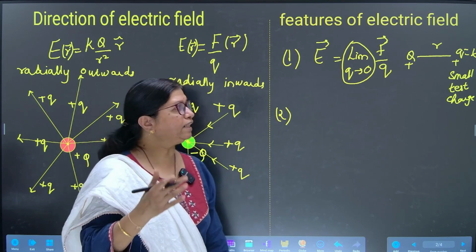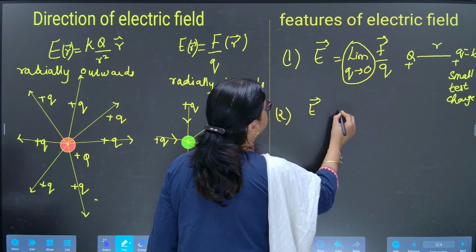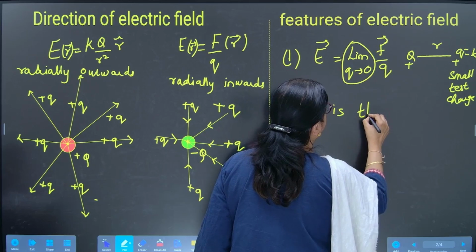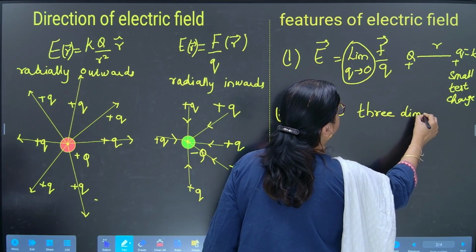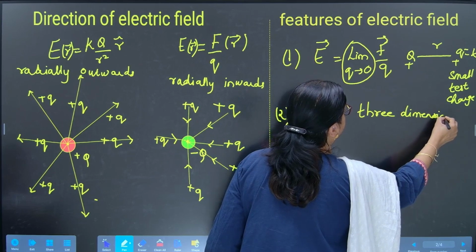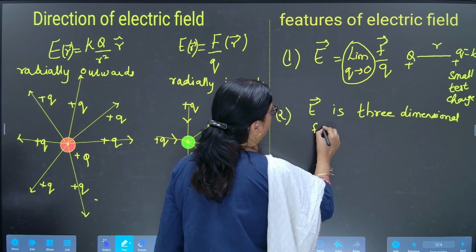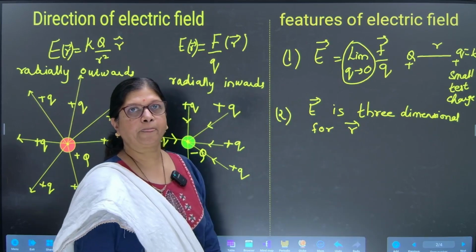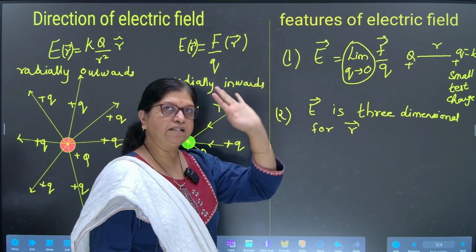So the electric field is three-dimensional for the value of R, that is the distance between the source charge and the sphere.